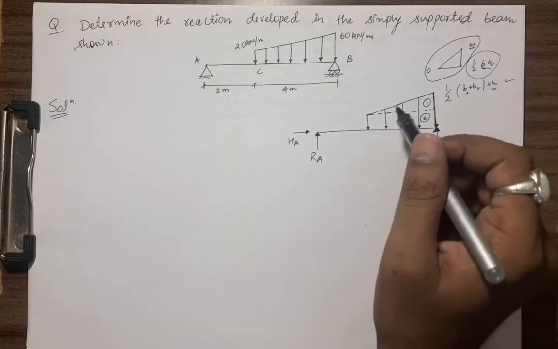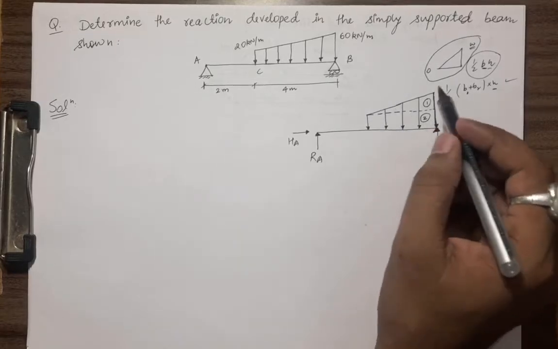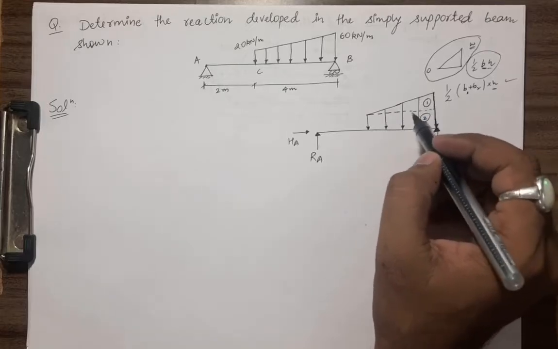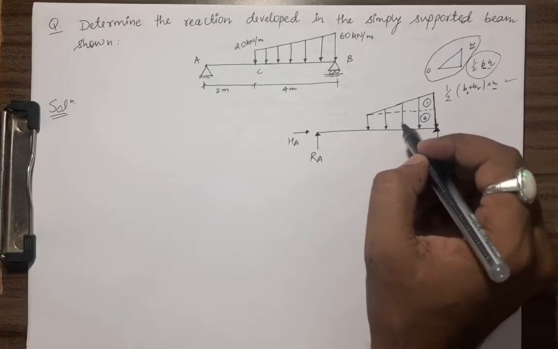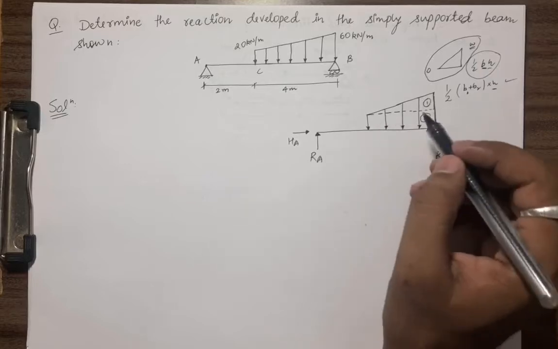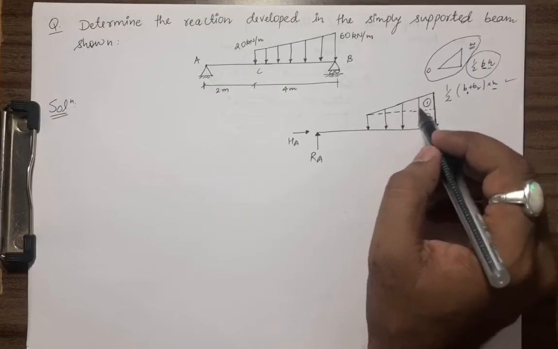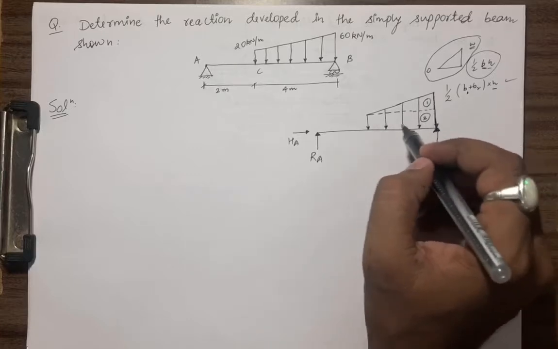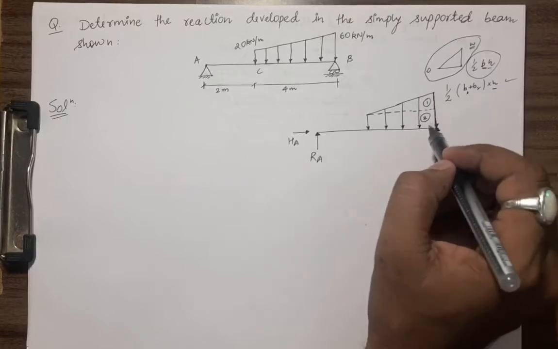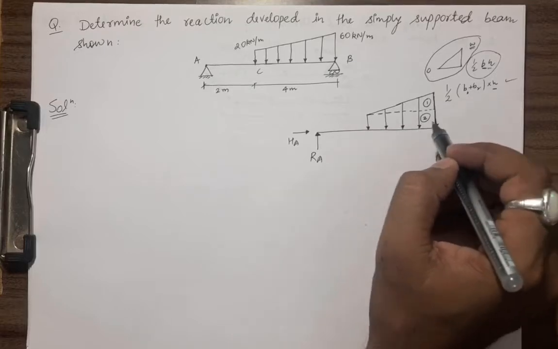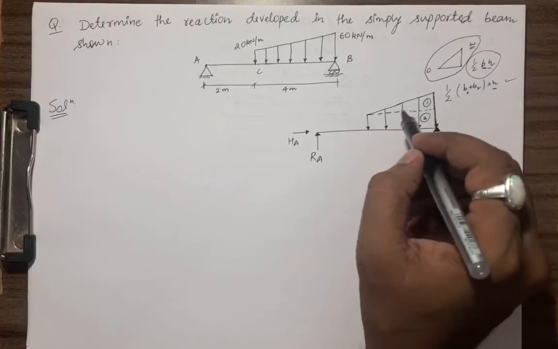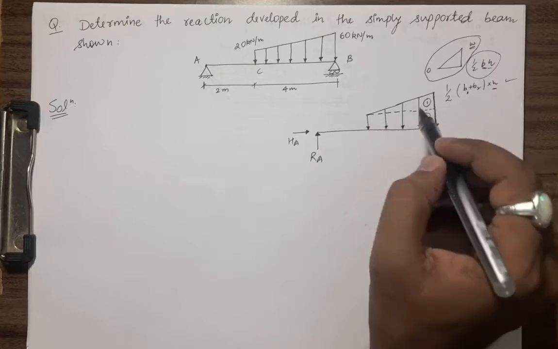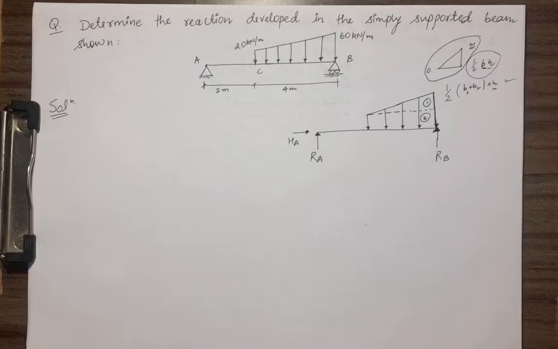The most difficult task is to calculate the centroid of the trapezoid. It is not that difficult, but it is a little bit lengthy, because for the rectangular section the centroid is at the half distance, and for triangular loading it is at 1/3 from this end or 2/3 from this end. So it is quite easier to solve.